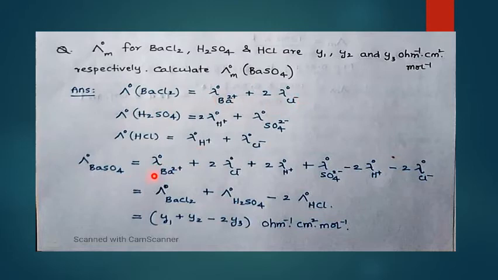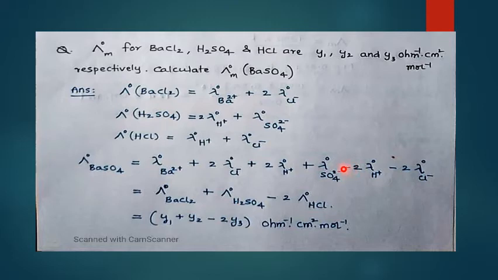Next, SO4 you again need, so go to H2SO4. Here it is present. Take the data as it is again: 2 lambda H plus, lambda naught SO4 2 minus. Next, remaining HCl is left, so take the minus.